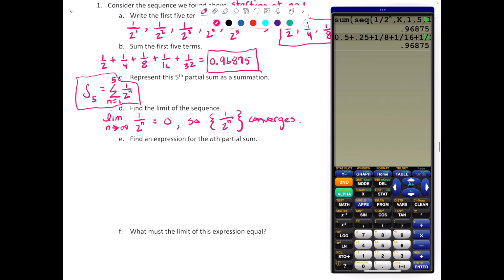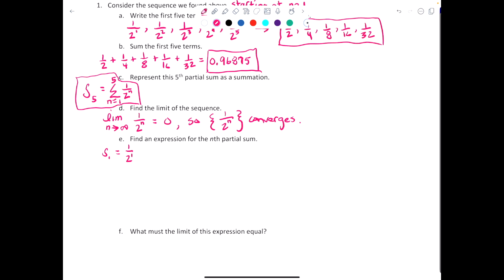Now let's find an expression for the nth partial sum. We'll start with S1, and that would just be equal to 1/2 to the 1, right? Now we want to develop something, like a pattern going on.